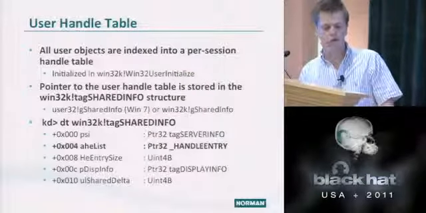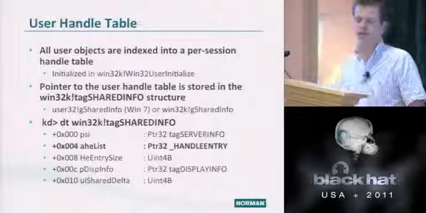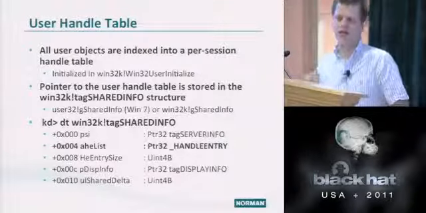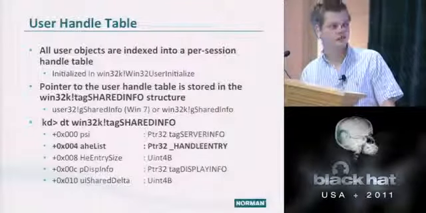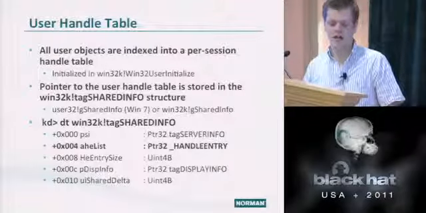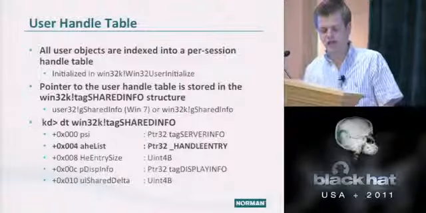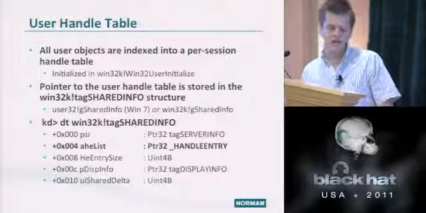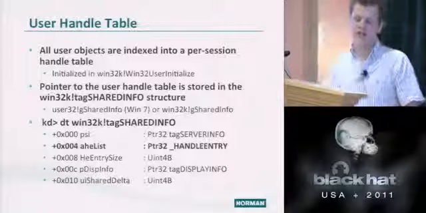So all the user objects are indexed, like I said, into a handle table that is defined per session. So when a user logs in, he gets his own session. So all the handle information is for a session, not tied to a desktop or anything. It's global for a user. And the pointer to this handle table is stored in a shared info structure, and you can actually get this from user mode.